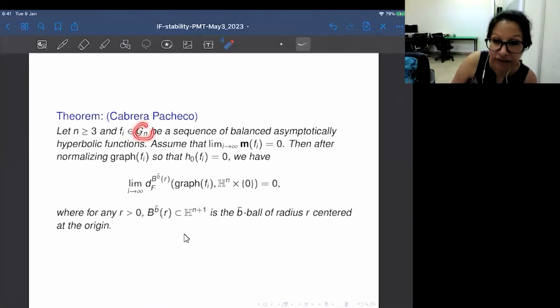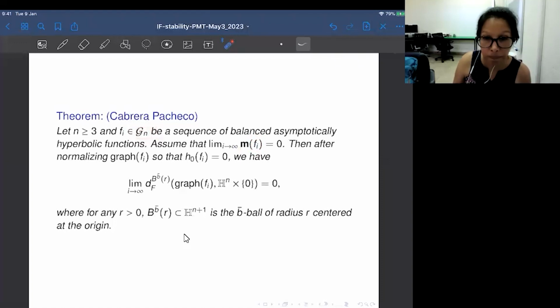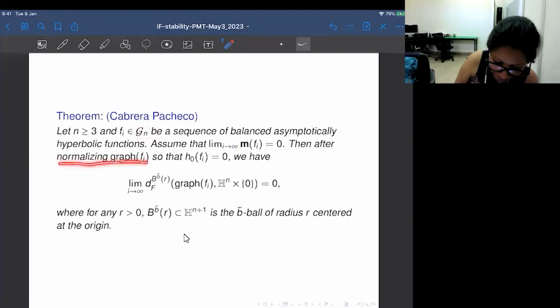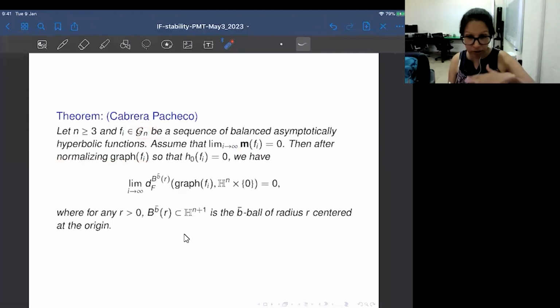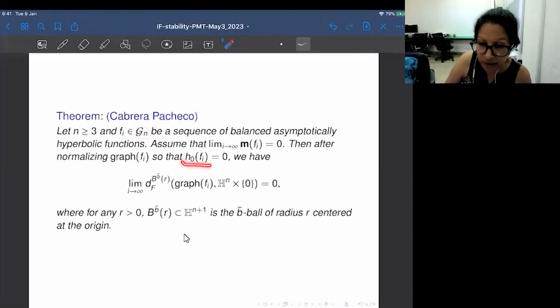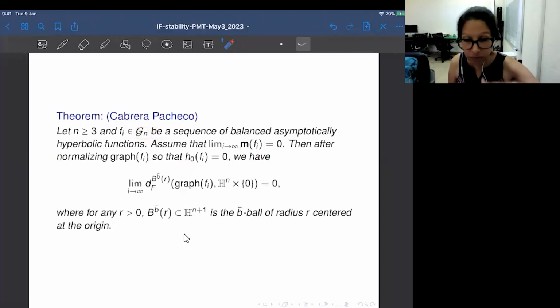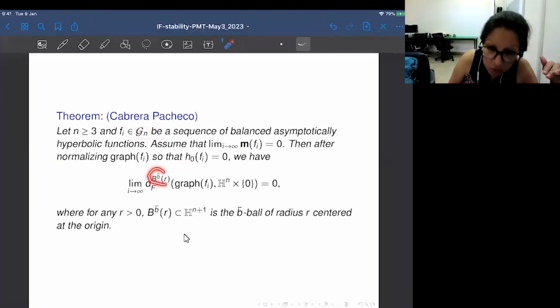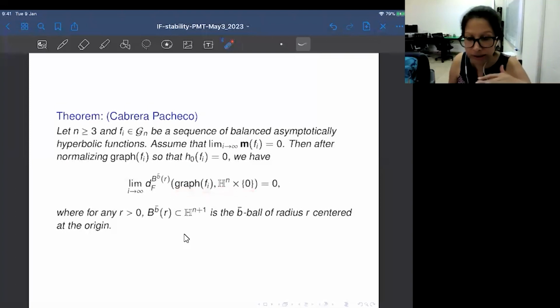So this is the theorem: take functions fi in this class that I defined, such that the mass of the graphs with respect to fi converges to 0. And once one normalizes the graphs, so actually we want to have level set H0 of fi equal to 0, so we just vertically normalize our functions, then what he can prove is that inside a ball, the graph of fi is going to converge to hyperbolic space of dimension n.